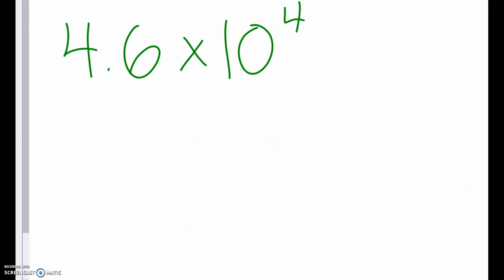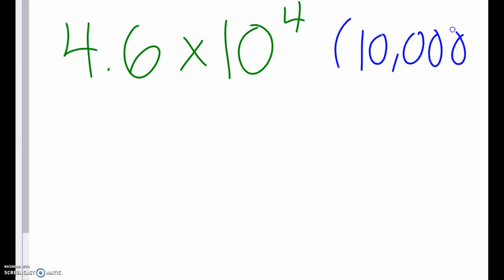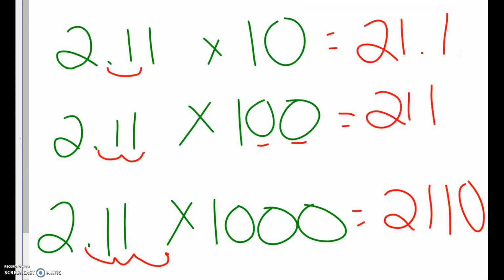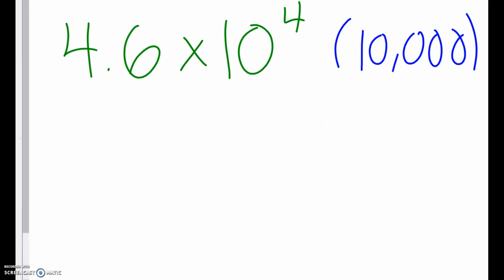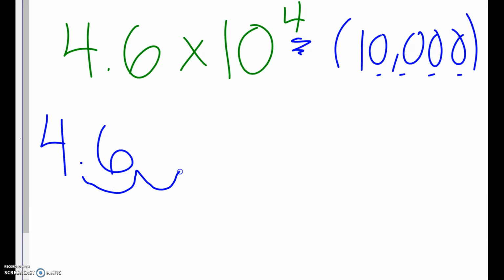All right, let's take a look at some of the scientific notation. So, I am multiplying this by 10 to the 4th, which is really 10,000. We just talked about how when we were multiplying by powers of 10, we were moving that decimal point over. So, I'm going to move my decimal point over 4 spots to represent those 4 zeros. 1, 2, 3, 4.